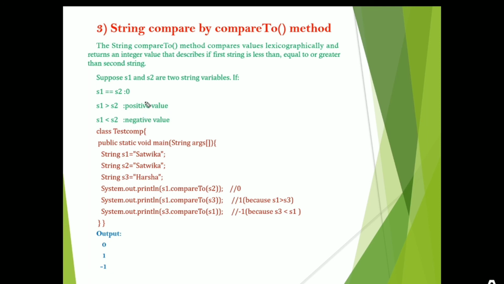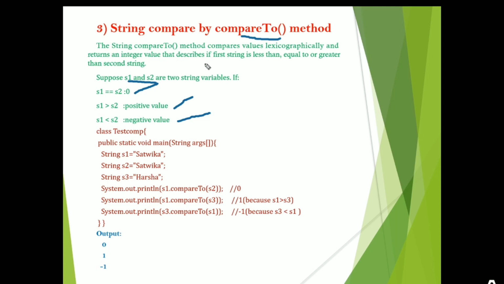Here we have two strings s1 and s2. If s1 and s2 are equal, it returns 0. If s1 is greater than s2, it returns a positive value. If s1 is less than s2, it returns a negative value. The compareTo method compares lexicographically, and it always returns an integer value.